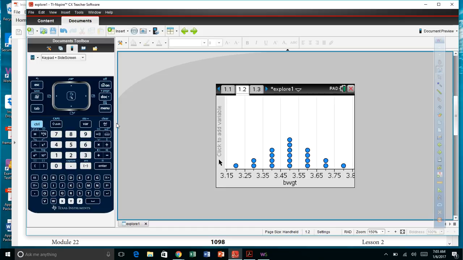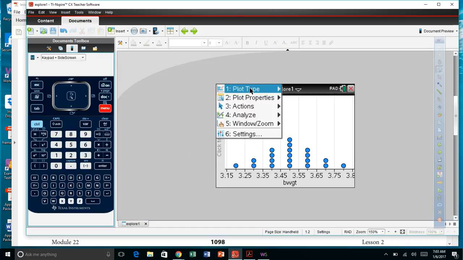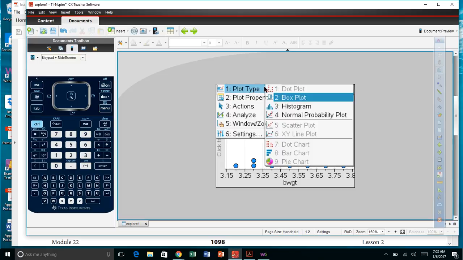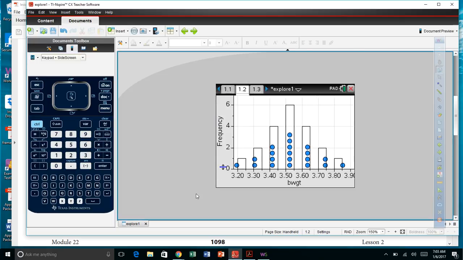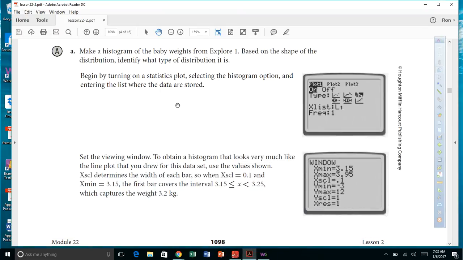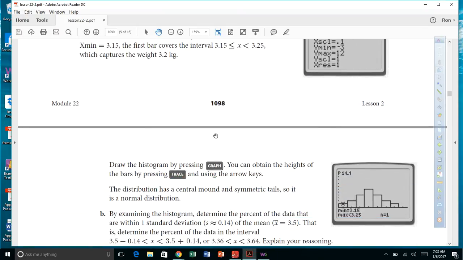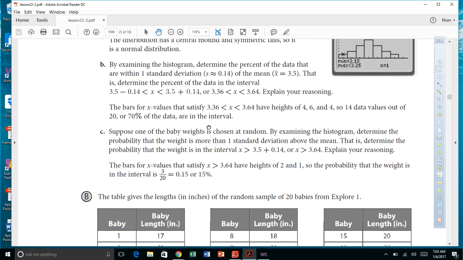We wanted a histogram. So let's see, menu, plot type, menu 1, and then histogram 3. There we go. Now we have a histogram. Cool.